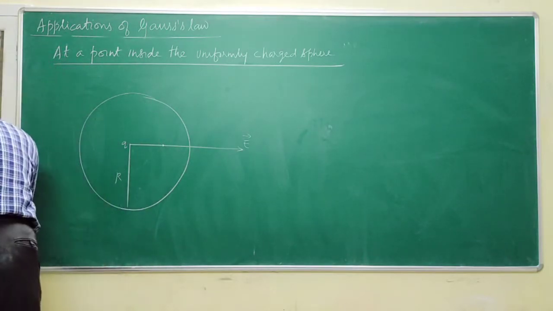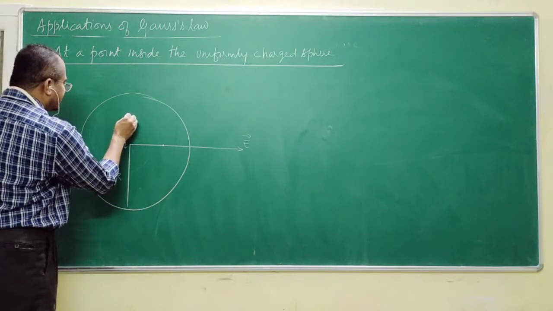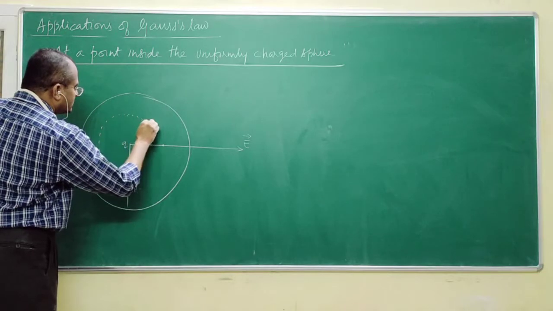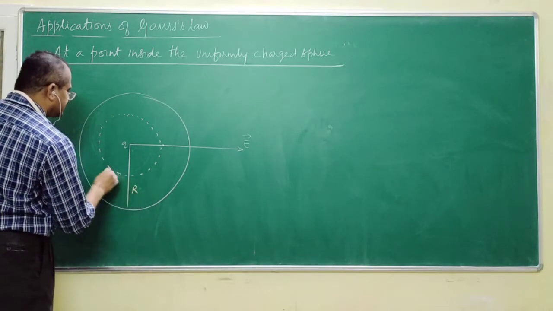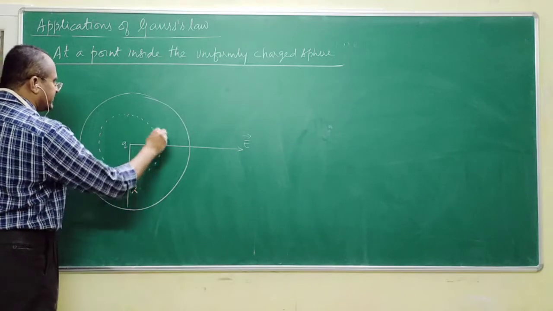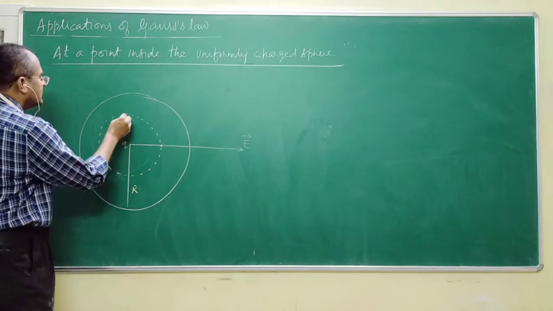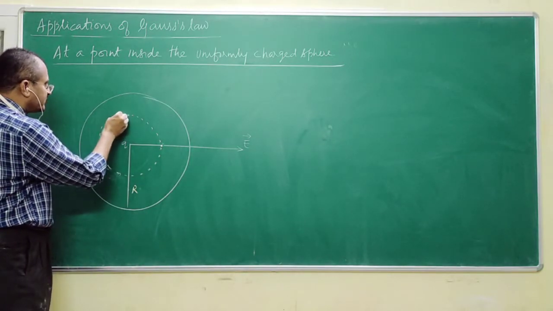Therefore, what I do is, I construct a Gaussian surface such that it passes through that point. This is R. This is the Gaussian surface I draw. The point P is here. Okay. Instead of dotted line, because I am using yellow chalk piece, I will put it bold.